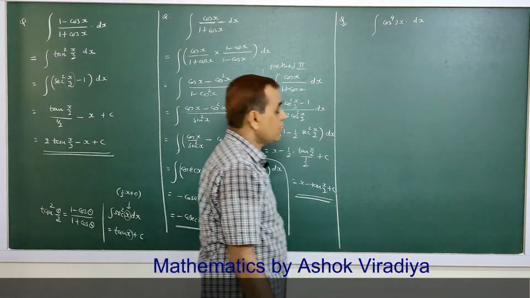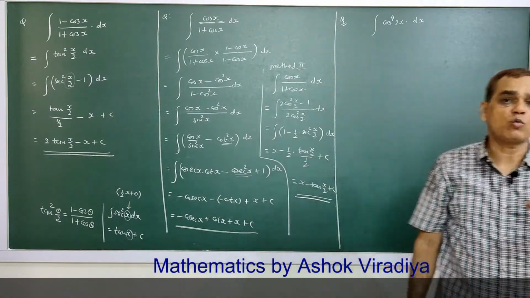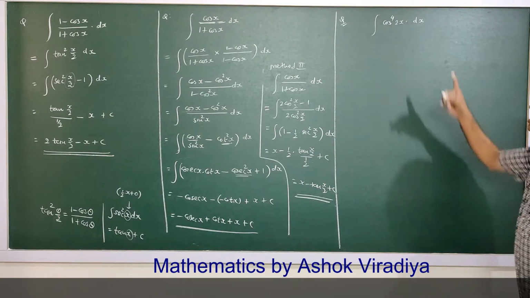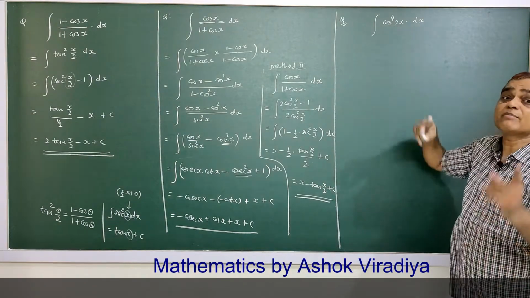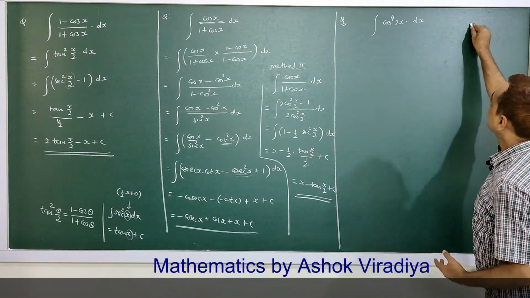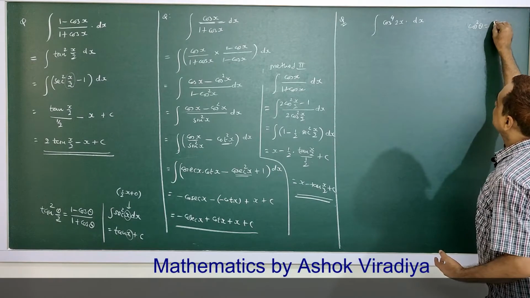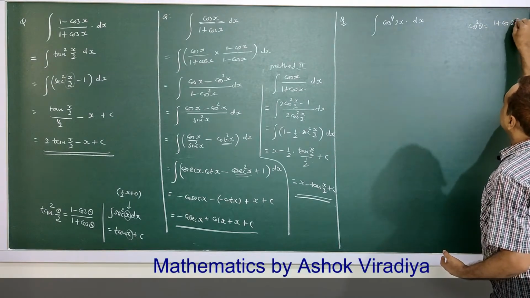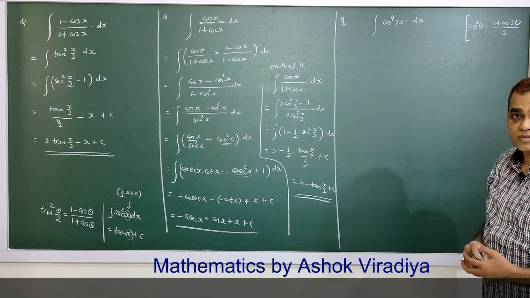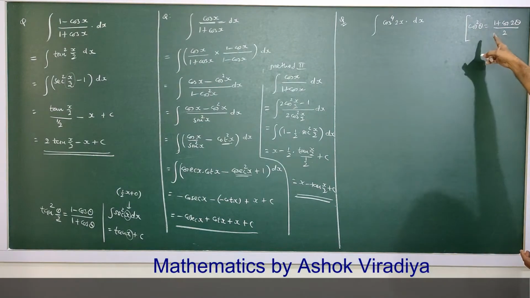Now here cos raised to 4 2x. Even power is given. Whenever even power is given, this power can be removed, and to remove even power we have the formula cos square theta is 1 plus cos double theta by 2. So in this question we shall use this formula.